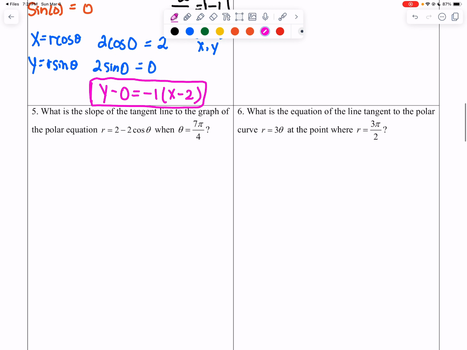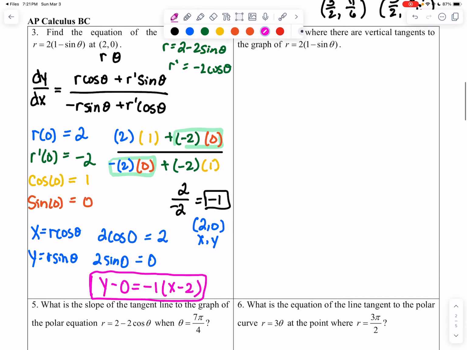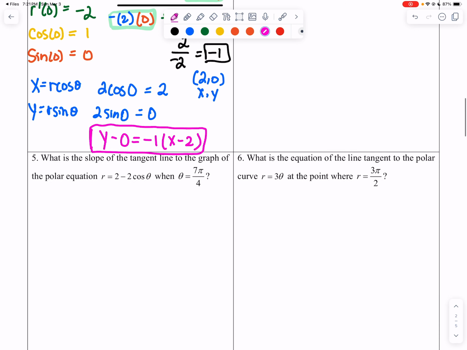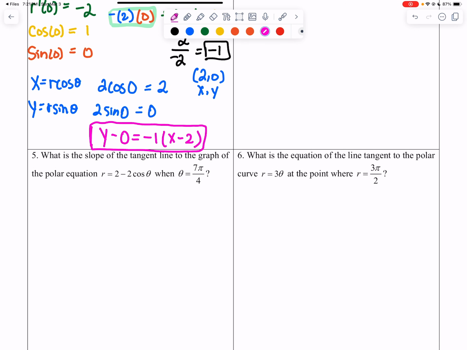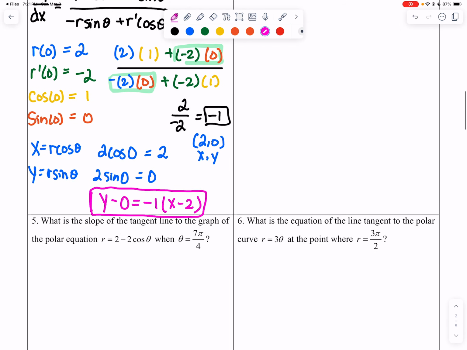Let's go ahead and do something like number 6, where we want to find the equation again. This time, they give you that r is 3 pi over 2, but we don't know what theta is. Remember that whenever we want to take the derivative, we essentially need theta.